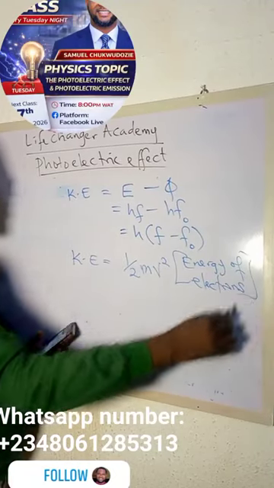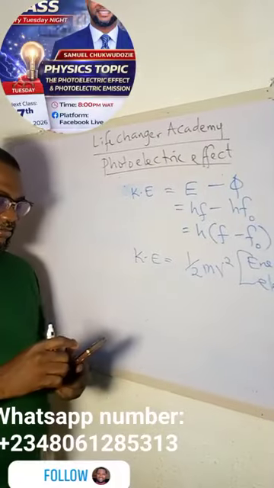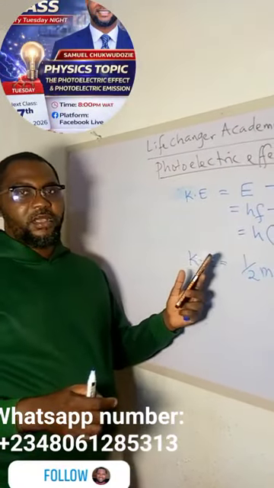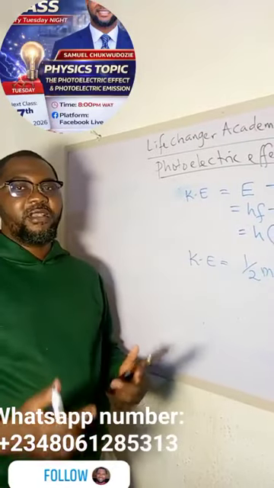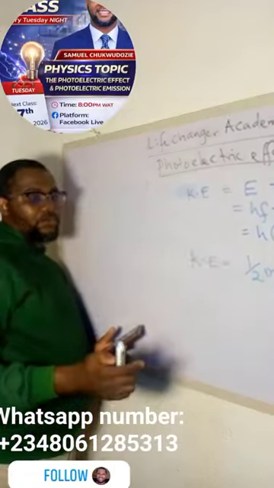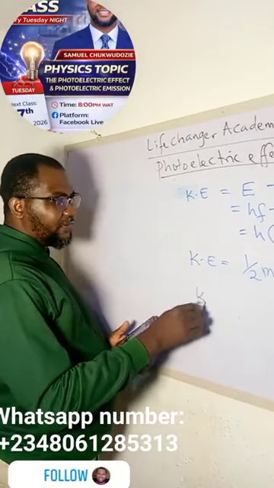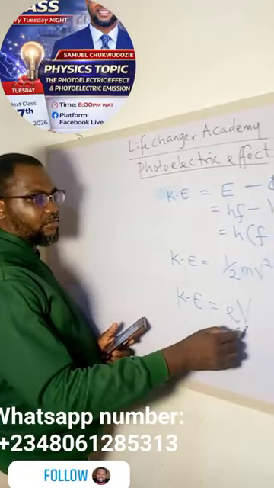In case you see a question, energy of electrons, and energy of incident light, we call that energy of photon. Don't forget that. I also want to say something, that in the real sense, the energy of electron is actually measured in what we call electron volts.